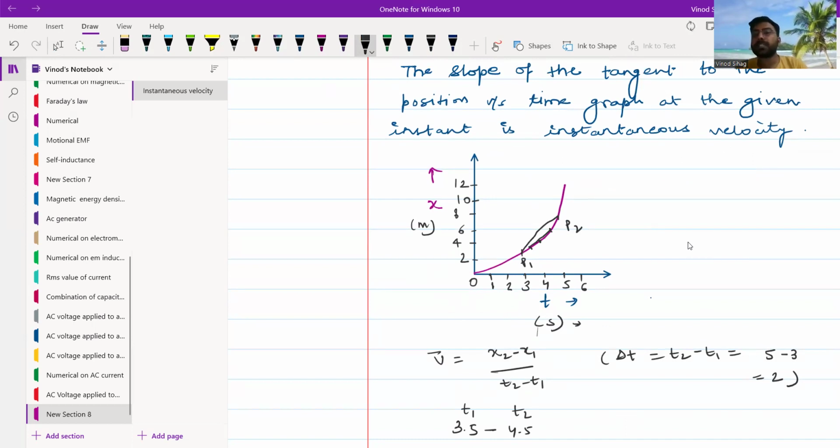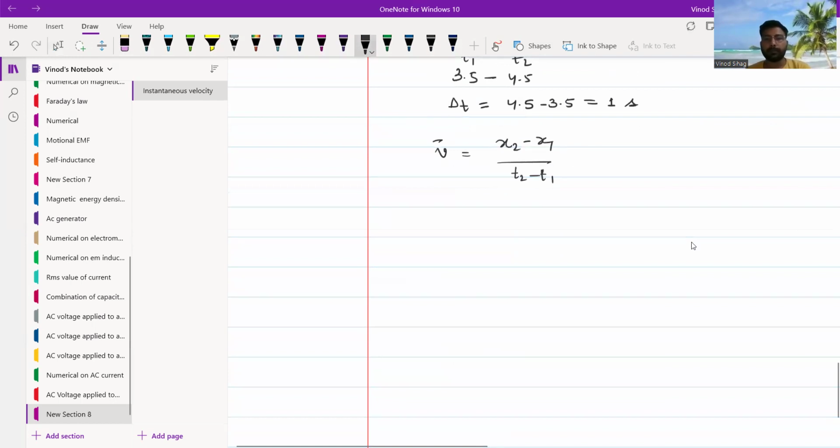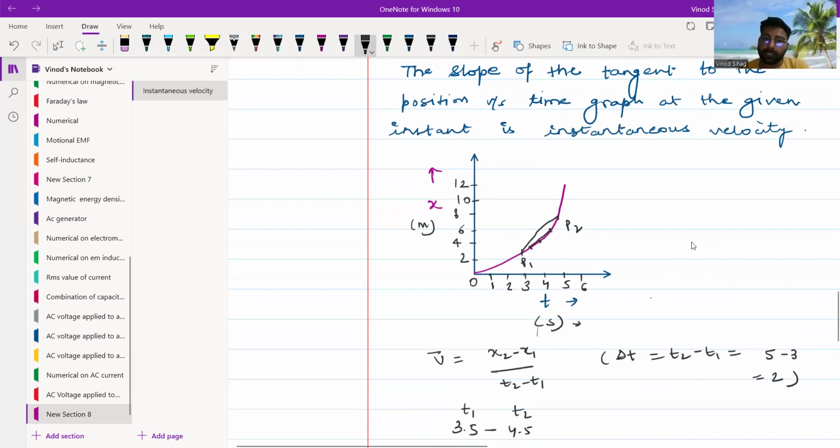And when we reduce the step size, more steps will be taken. When delta t equals 0.01 second, then what will happen? We will get points just near to point 4.